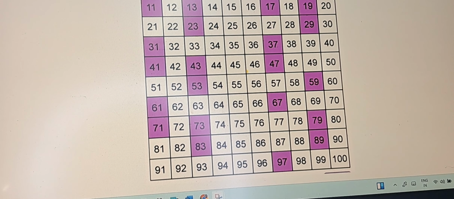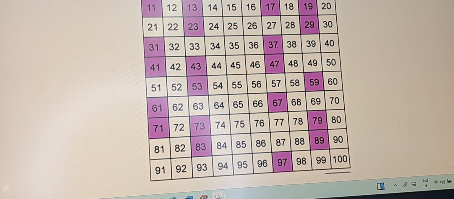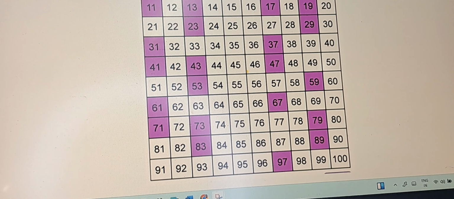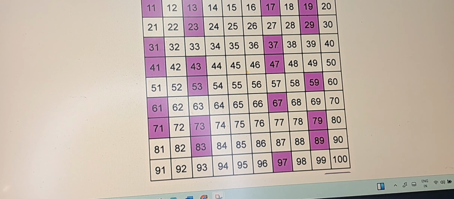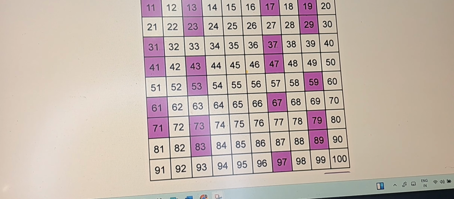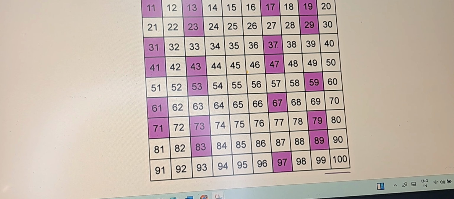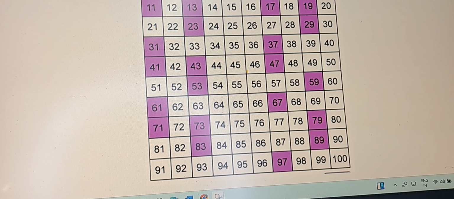The reason is these numbers have only two factors, 1 and itself. 2 has only two factors, 1 and itself. 3 has only two factors, 1 and 3 itself. 5 has only two factors, 1 and 5, and 7 has two factors, 1 and 7.